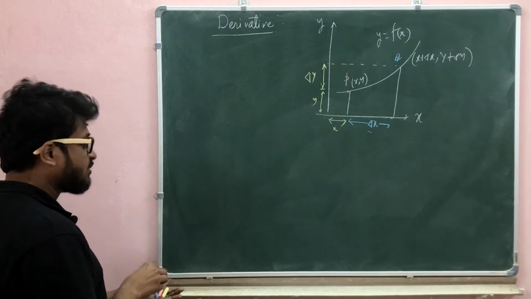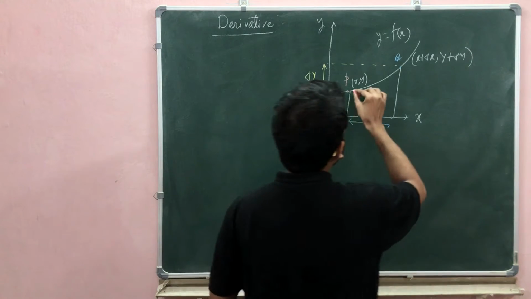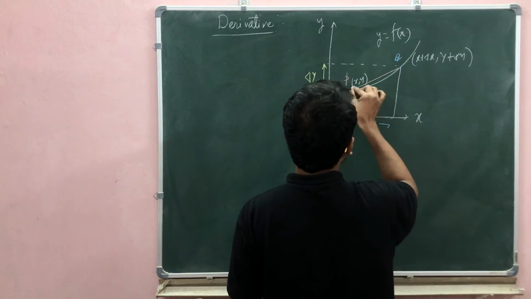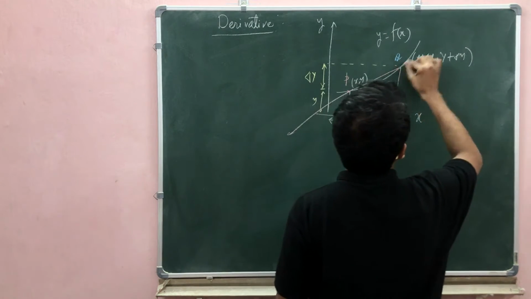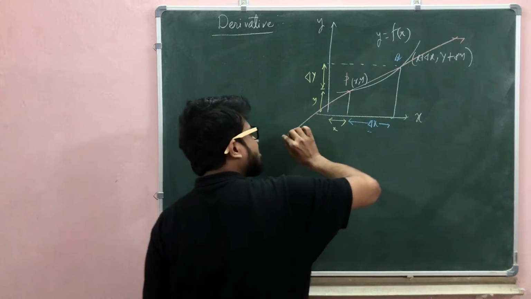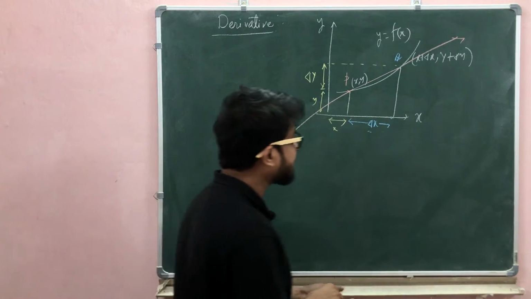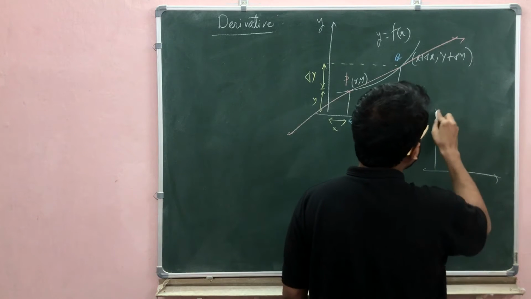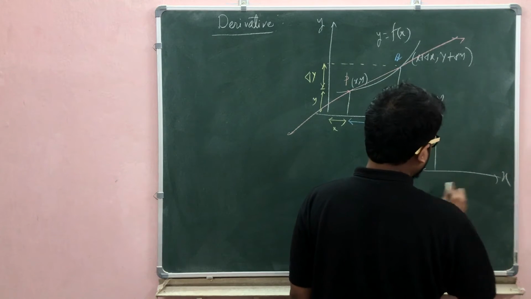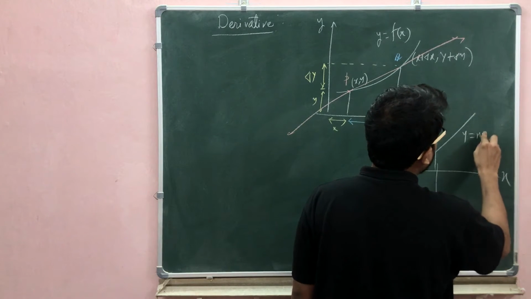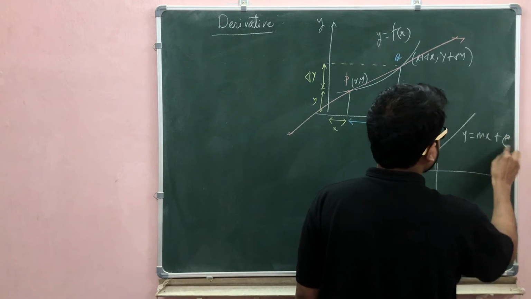Now join P and Q and extend. This looks like a straight line. You know that in a two dimensional graph with y and x, the straight line equation is y equal to mx plus c.